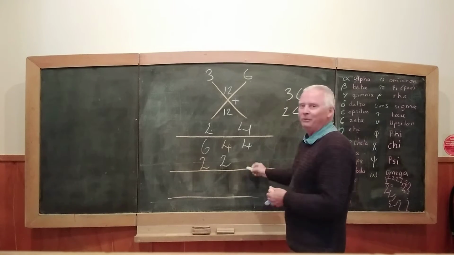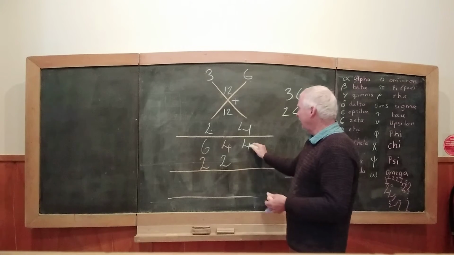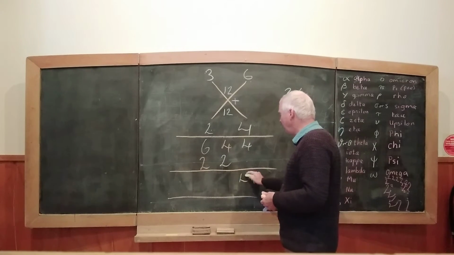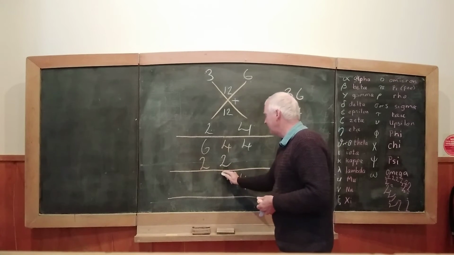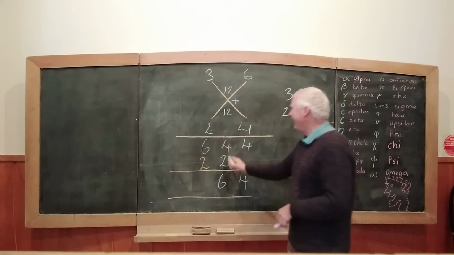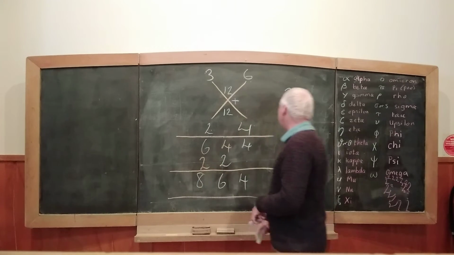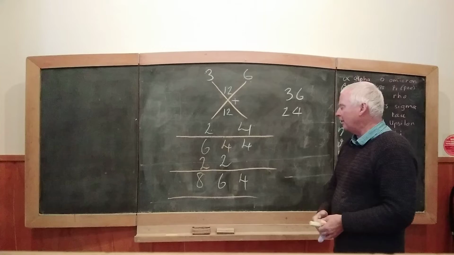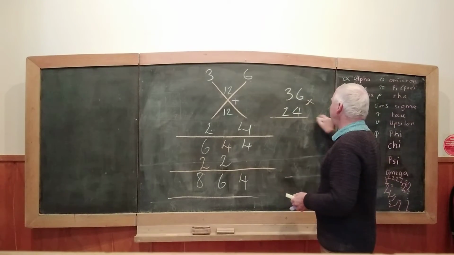Oh no, doesn't matter, as long as it's a normal addition. So 4 plus nothing, well that's 4. And 4 plus 2, that's 6. Getting ahead of myself. 6 plus 2, that's 8. Alright, so 864.